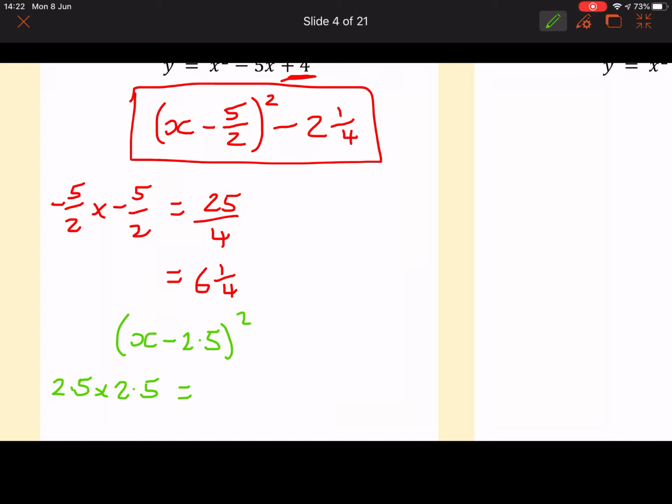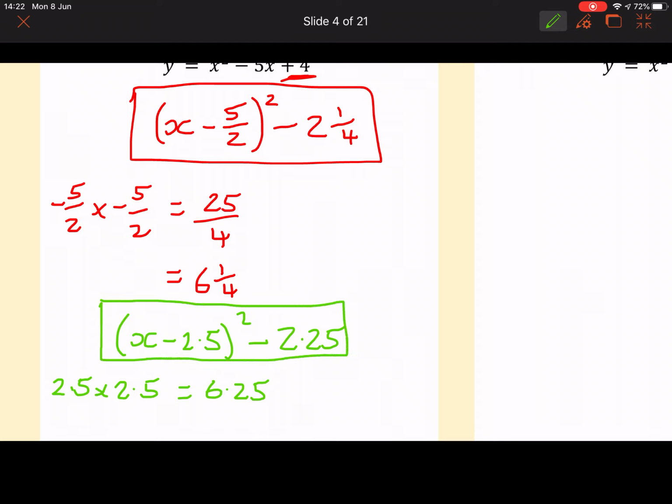So we get 625, but then you have to know the decimal place is going to go there. So 2.5 times 2.5 is 6.25. Now you have to work out how to get back from that to 4, which was in our question. So I'd have to take away 2.25. So it's the same answer, it's just written in decimals rather than fractions.